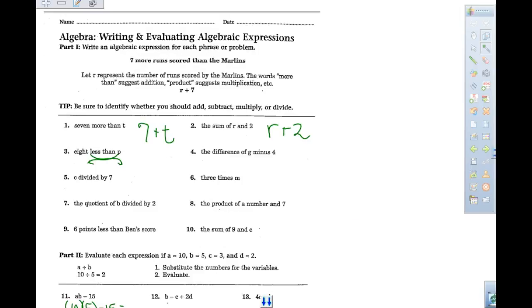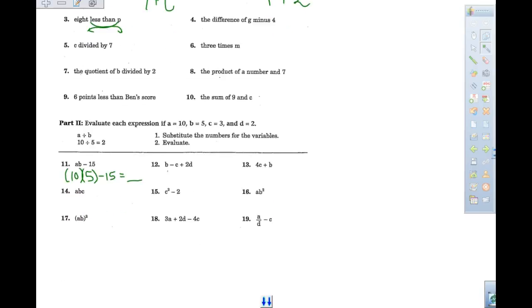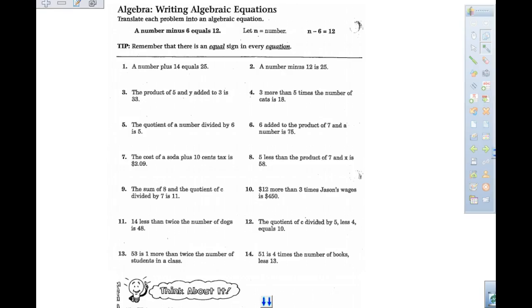I'll put these answers up. The question was, do I solve this: n plus 14 equals, do I tell what n is? No, you just write the equation.